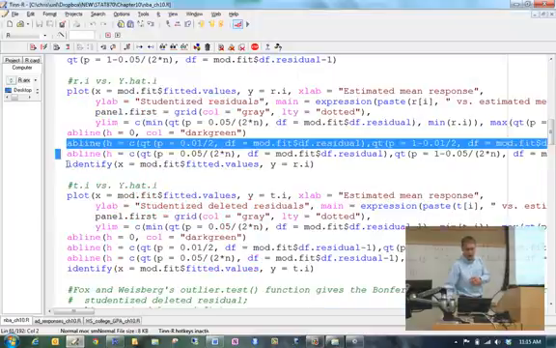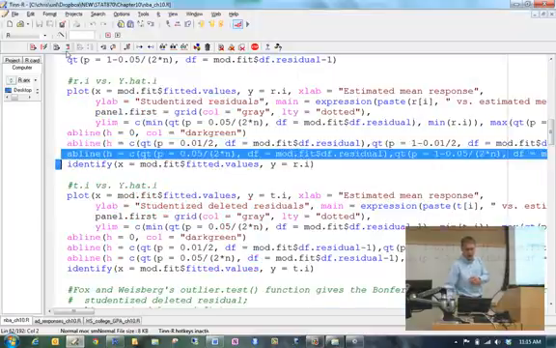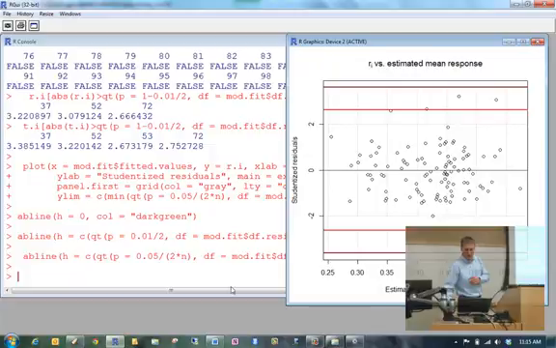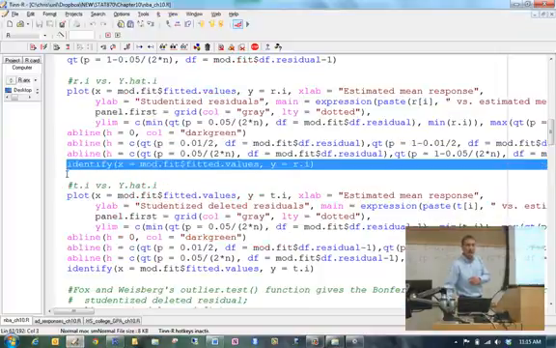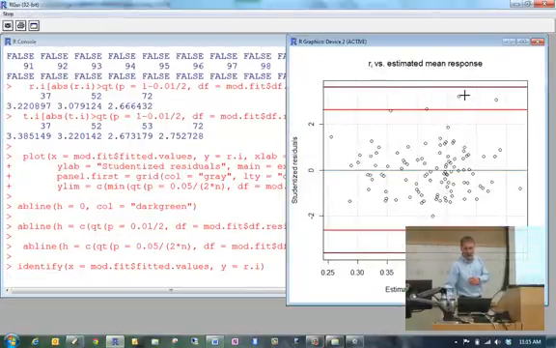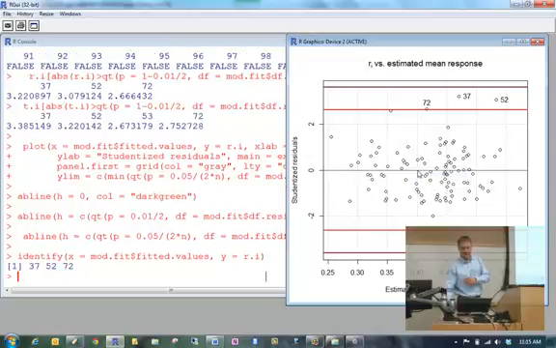I do the same thing for the Bonferroni corrected ones. And lastly, I use, if you remember, the identify function that we've used before, to interactively identify the corresponding observation by simply clicking on the plot. And so there's my plot. Are there any questions?